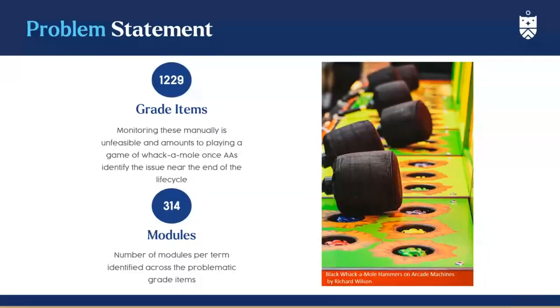In total, we had 1,229 grade items that were loaded onto our LD tracker with the specification sheets, identified as having an error associated with them. So you can imagine if we had to manually go and screen through all of those, it would be playing a game of whack-a-mole to fix the problem very reactively instead of proactively. So with those grade items identified, a total of 314 modules were identified to have these problematic grade items.